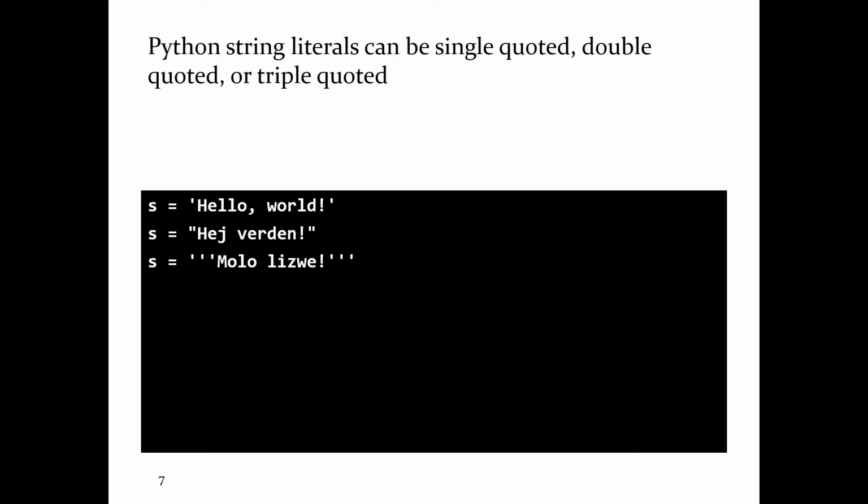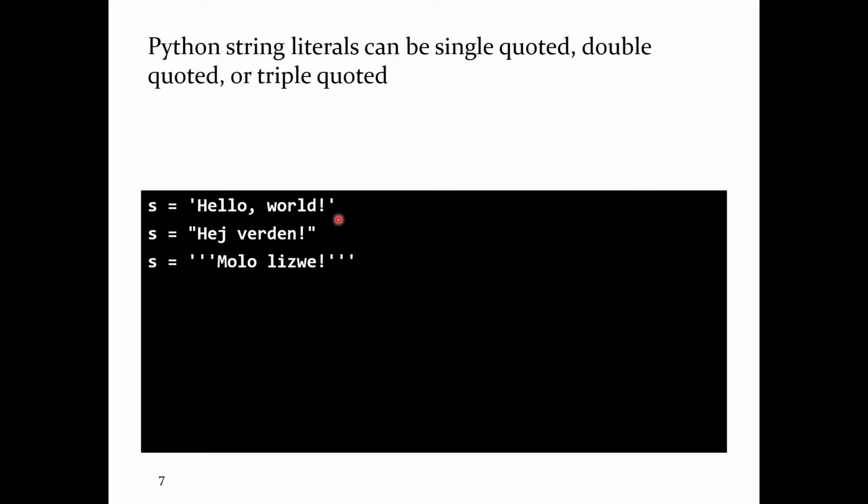A string literal in Python can be single quoted, double quoted, or triple single quoted. Actually, it can be triple single quoted or triple double quoted. A literal is a value that you can write down. It's not a variable, it's a value you can write down.